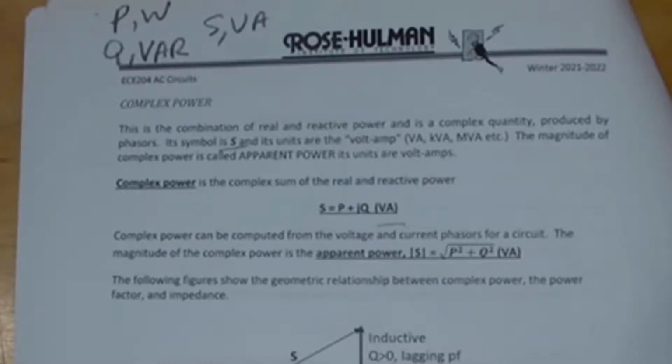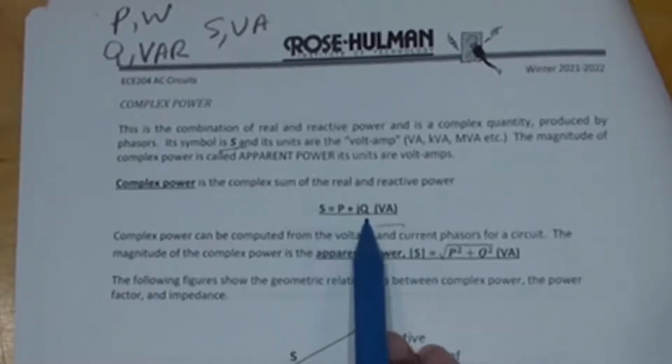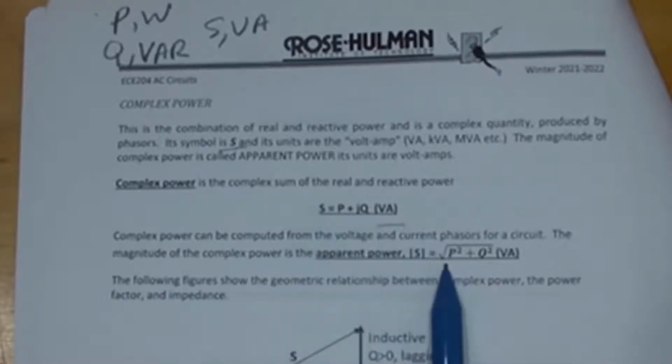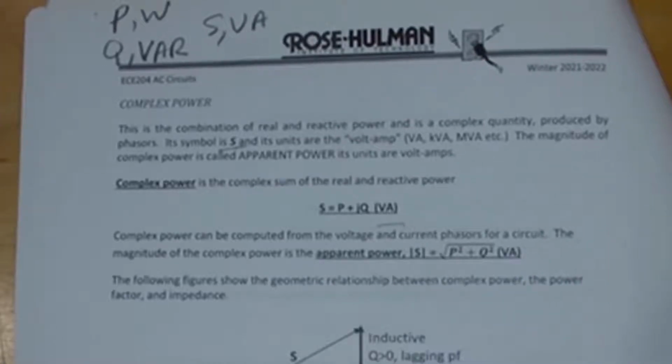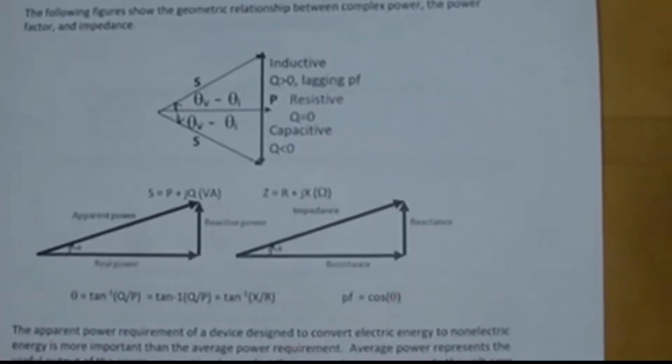The magnitude of a complex power is called apparent power, and it also has units of volt ampere. So how we write complex power is S equals P plus jQ. The magnitude of S is the square root of P squared plus Q squared. That has units of volt amperes, and it is also apparent power. So now we can represent these with a triangle where we have a real axis and imaginary axis.